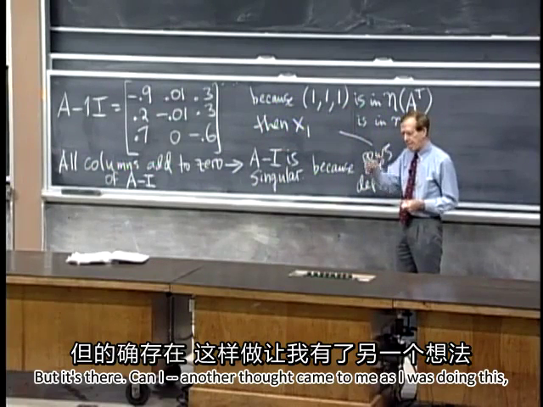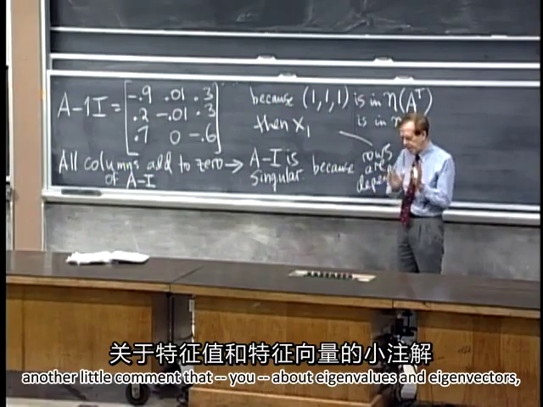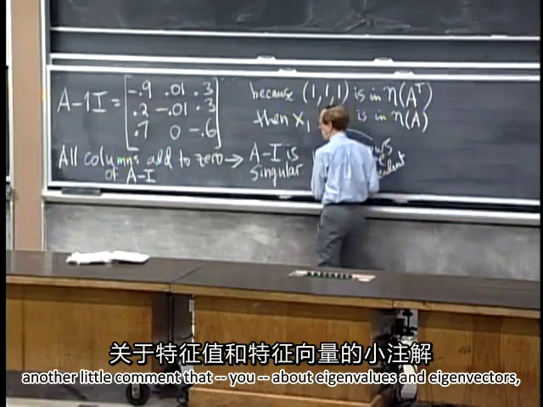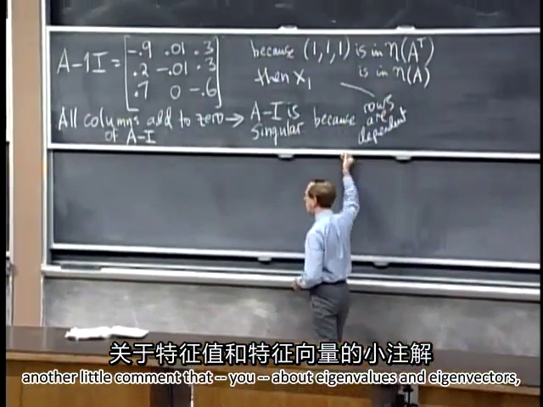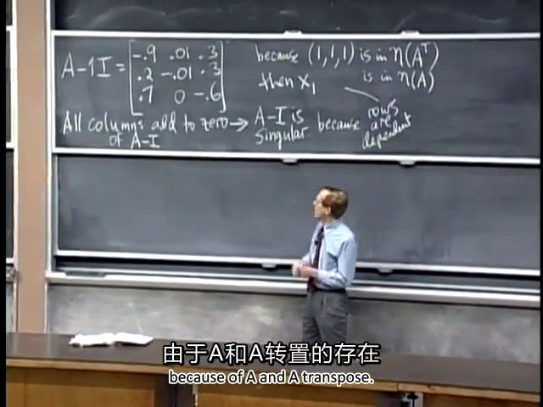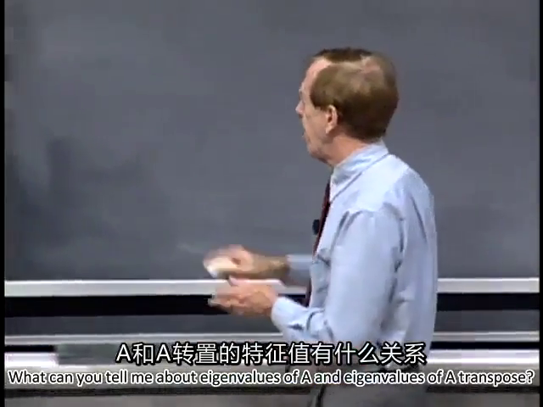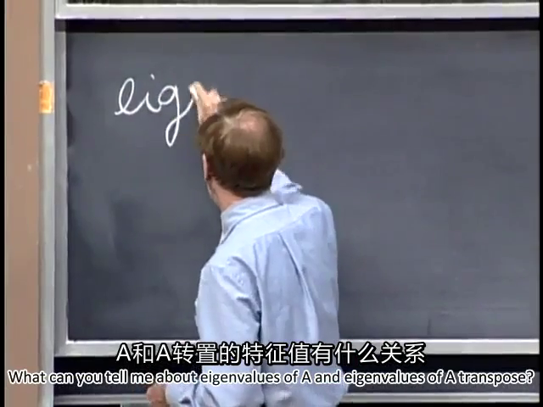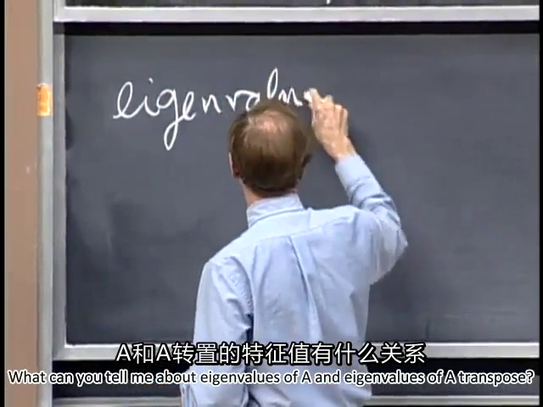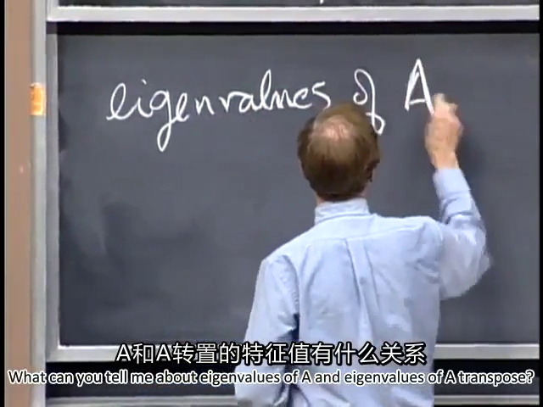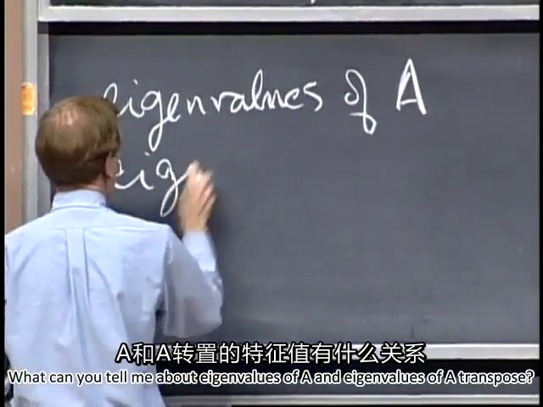Another thought came to me as I was doing this. Another little comment about eigenvalues and eigenvectors because of A and A transpose. What can you tell me about eigenvalues of A and eigenvalues of A transpose?